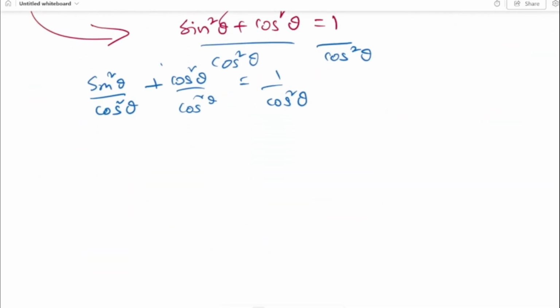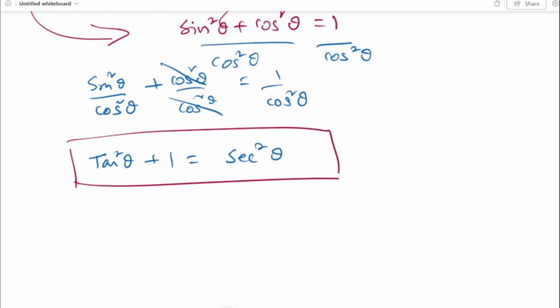So these two cancel off and become 1. Sine over cos, what is sine over cos? Tan. So this resolves to tan square theta plus 1 equal to 1 over cos square theta. Reciprocal of cos is secant, so secant square theta. This I'm going to put in a box. Remember, this is a very important formula. 1 plus tan square theta equal to secant square theta.